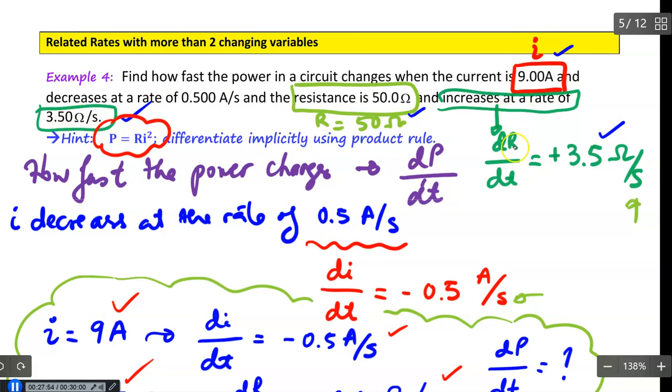So this one increases, so I need to have the derivative of R as a function of time, and a positive value in this case. So now you see you have two changing variables, the current and the resistor, and they are both changing because they give us the increases and the decreases.